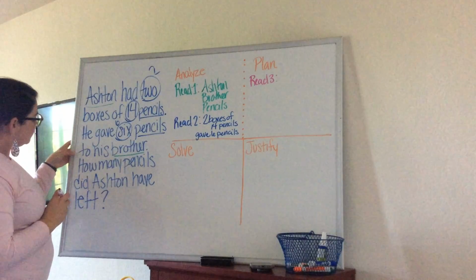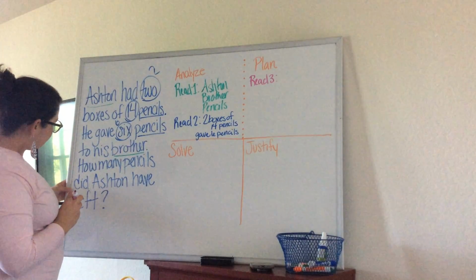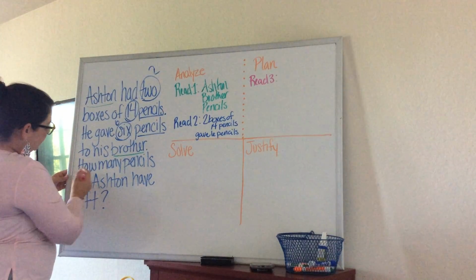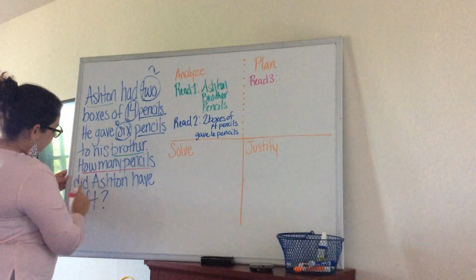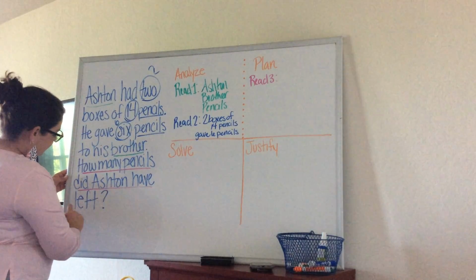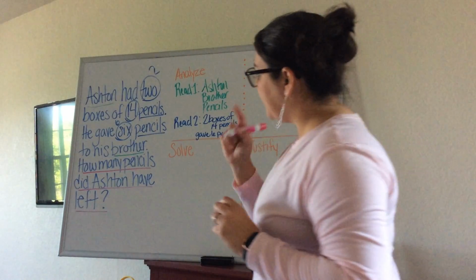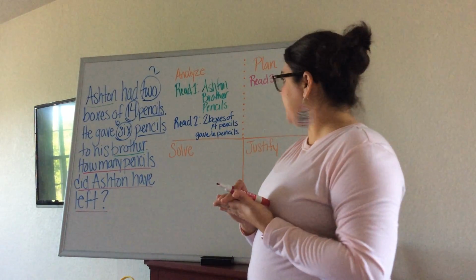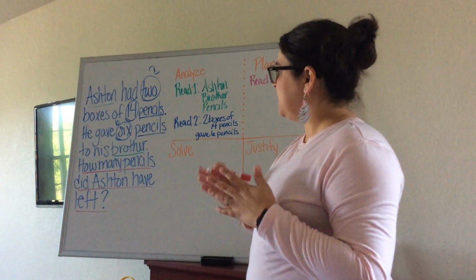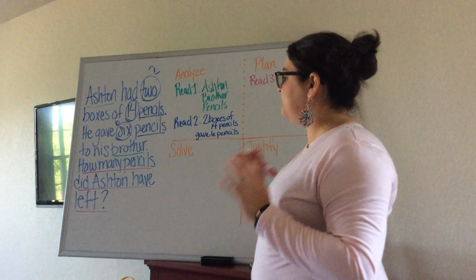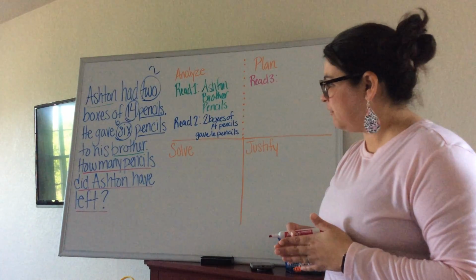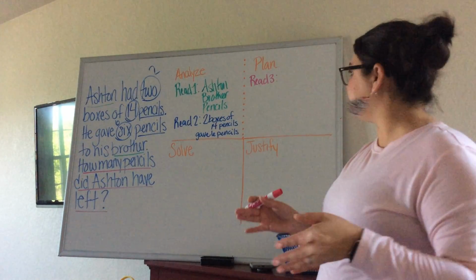He gave 6 pencils to his brother. How many pencils did Ashton have left? So we're trying to figure out how many pencils Ashton had left. I'm trying to figure out, is this a 1-step or a 2-step problem? Is there something I'm going to have to do before I can even figure out what Ashton has left?